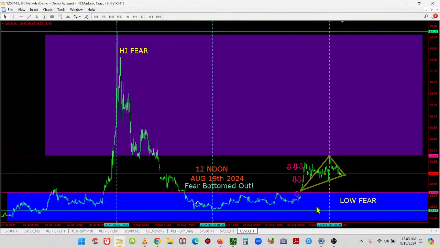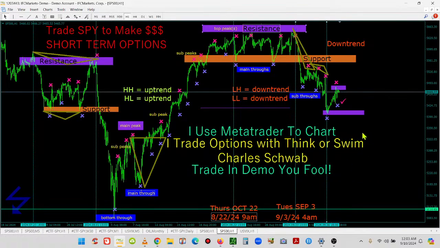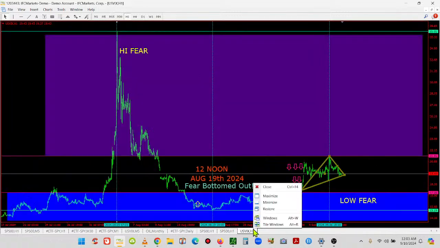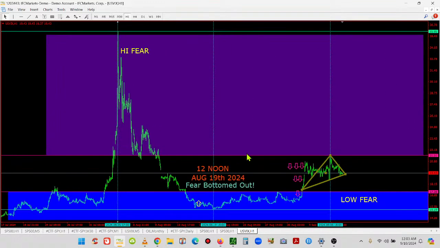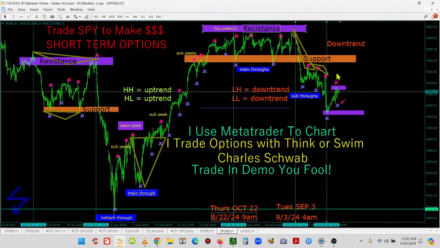Because I said so. Then if it goes in the blue zone, we could see new highs. Which means that the VIX goes down. It has to go down to go in the blue zone, and the market is going to go up.